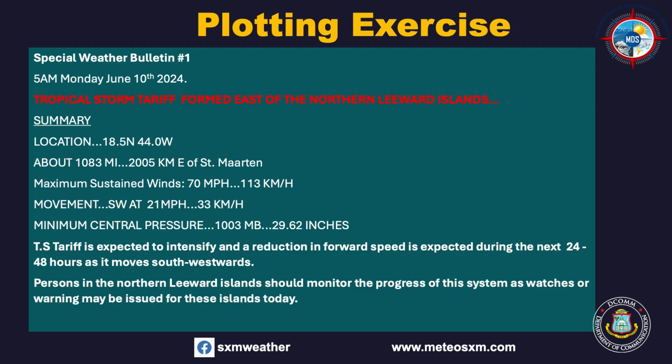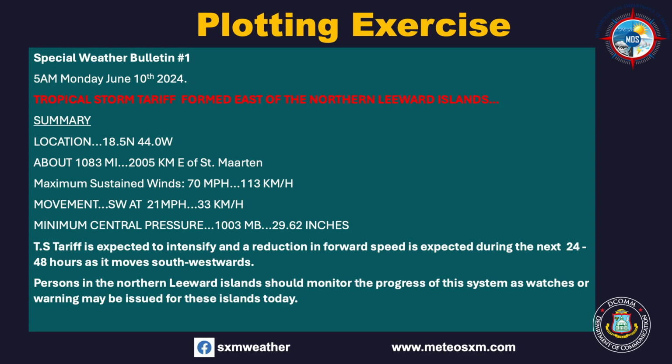Okay, I have a storm for you. Listen to the storm's name. Tropical Storm Tarish. It's the first bulletin, out at 5 a.m. on Monday, June 10th, 2024. This is fictitious, right? Listen to the date.